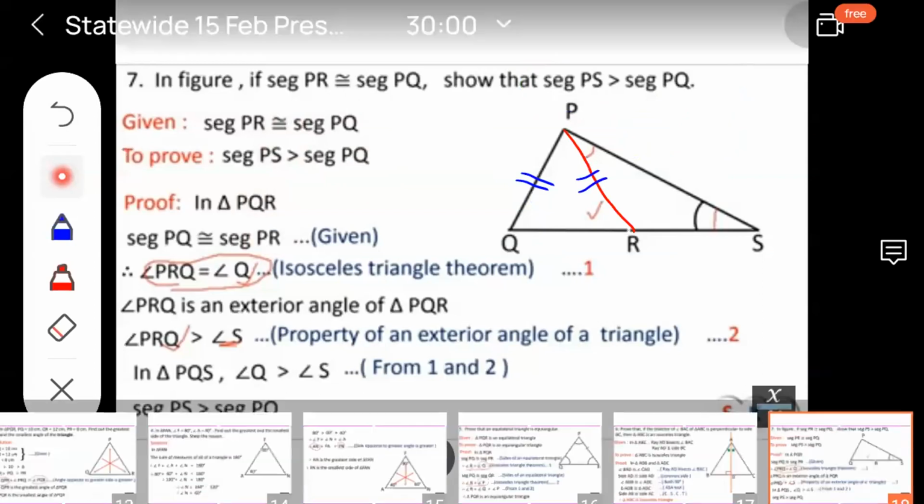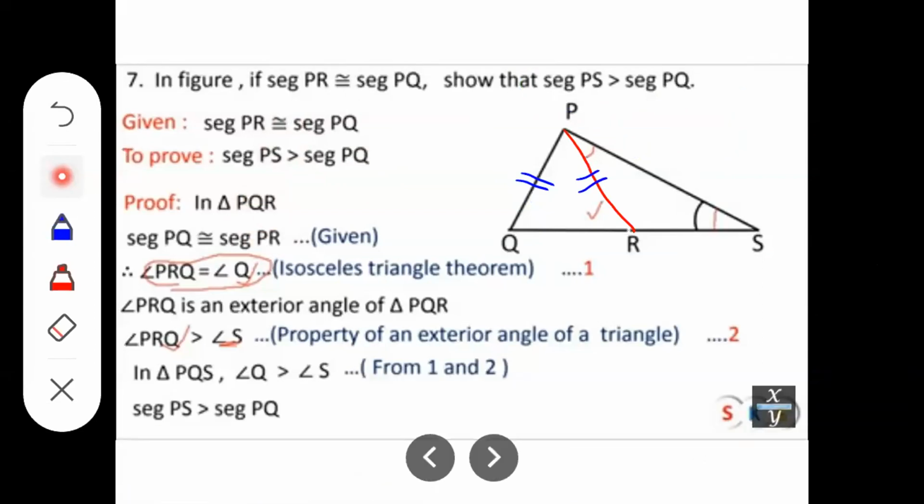Okay, in triangle PQR, the segment PQ is congruent to segment PR, as it is given.